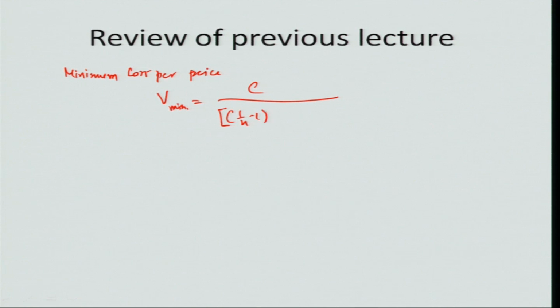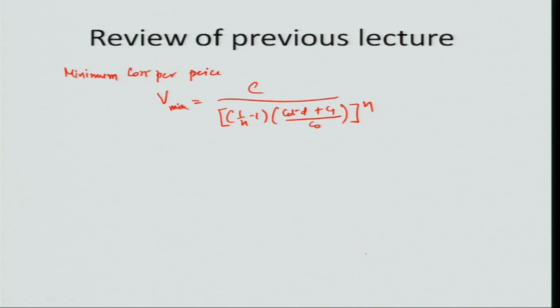One was considering the minimum cost per piece, where the V minimum or the velocity corresponding to the minimum cost per piece was derived to be this expression: C divided by [(1/n - 1) times (C0 Td + C1)/C0] to the power of n.